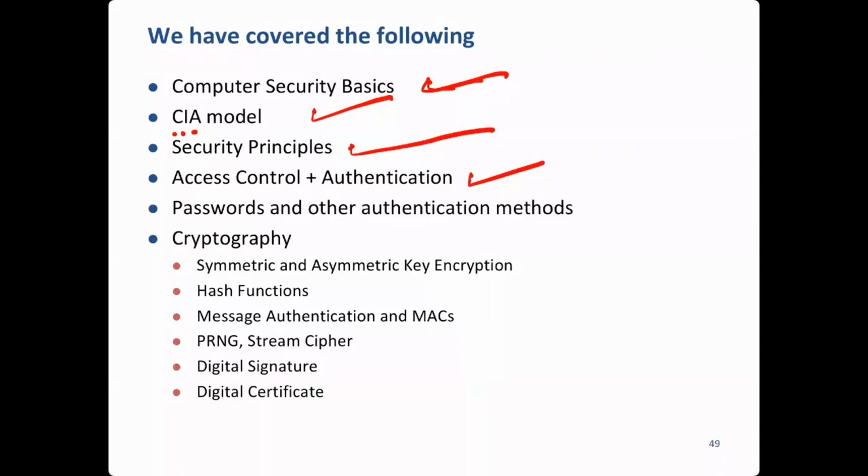We studied passwords and how they can be guessed, and how to make passwords stronger using salt, etc. Then we moved on to cryptography. We started with symmetric key cryptography. We studied cryptographic hash functions, message authentication codes, pseudo random number generators, stream ciphers, digital signatures, digital certificates.